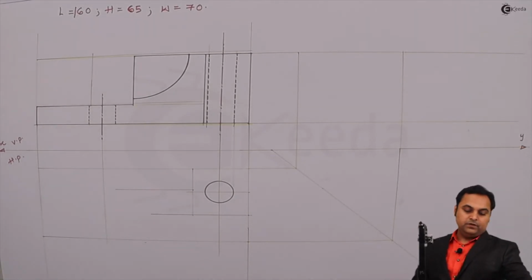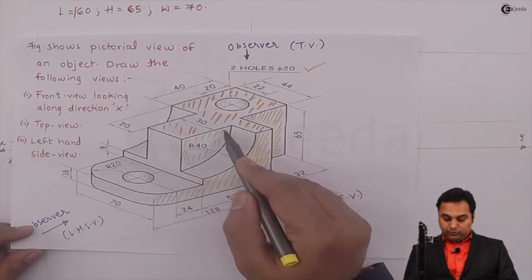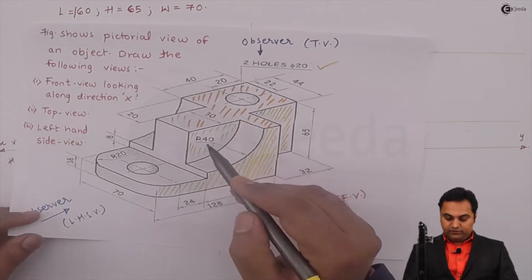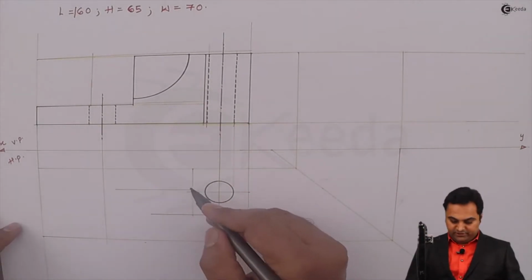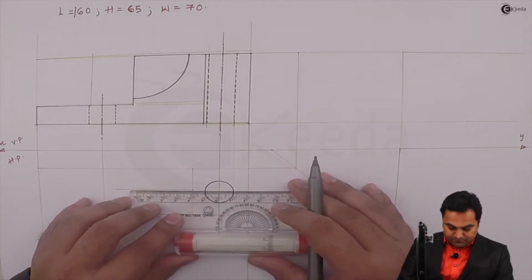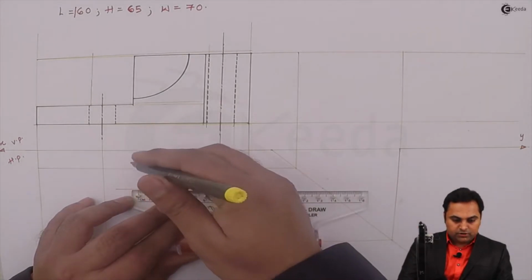And here this portion is extended up to 40 mm because the radius is 40 here for this quarter circle. So after taking the width 20, next I'll be measuring 40 mm over it to get the width.